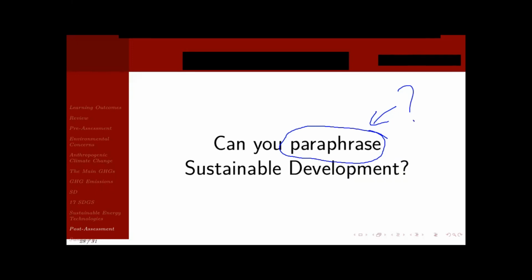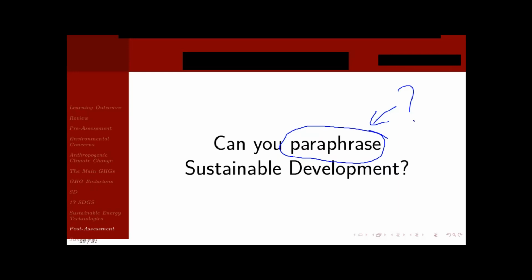Arnob, and there is another Arnob, ID 26. Tanjeet Khan. Yes, sir. Can you paraphrase?